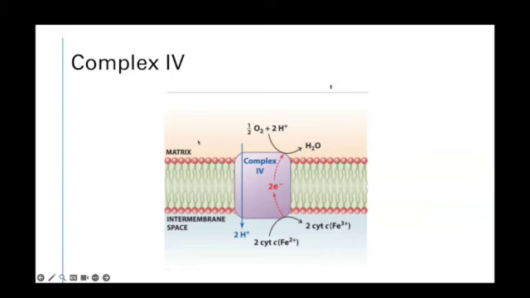We get our regenerated cytochrome C that can then go back to complex 3. We pump 2 protons from the matrix into the intermembrane space. Our 2 electrons from cytochrome C get transported along complex 4, and from a molecule of O2, that's going to be reduced, we get a molecule of H2O.